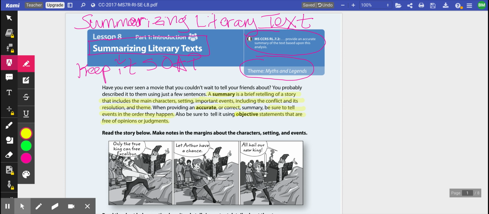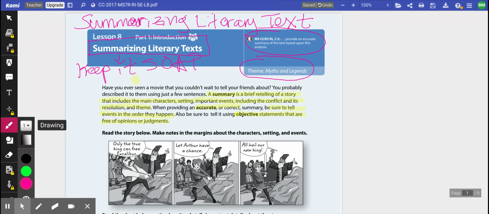Which is why I'm going to go back to what we have at the top. When we go back up here, the S, remember, stands for short: we want to keep it short. The O is objective.